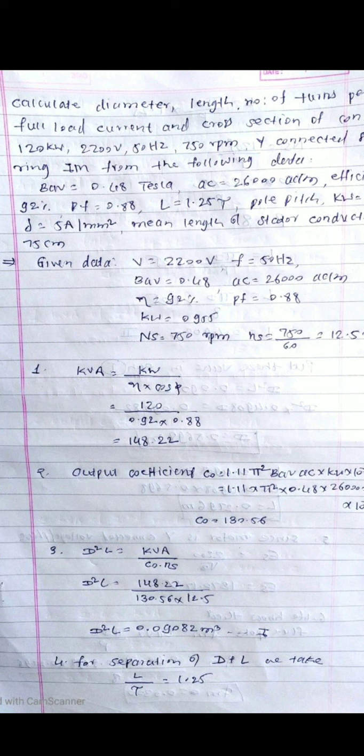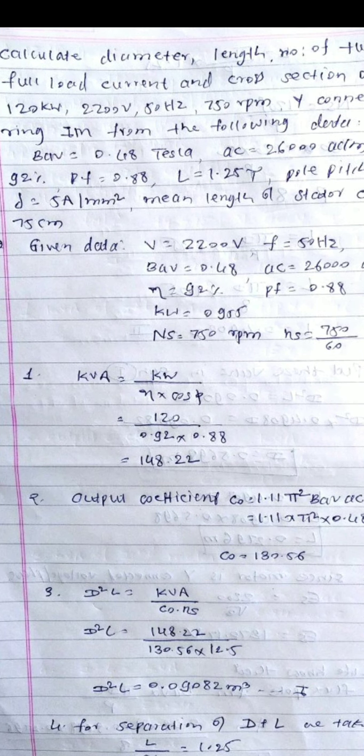B average is equal to 0.48 Tesla, AC is equal to 26,000, efficiency is equal to 92%, power factor 0.88, L is equal to 1.25 tau pole pitch, kW is equal to 0.955, current density 5 ampere per mm square, mean length of stator conductor 75 centimeter.